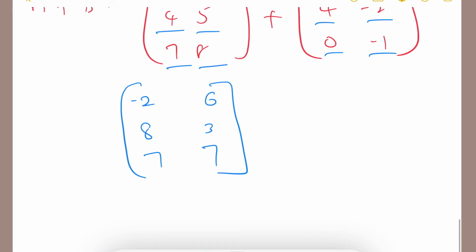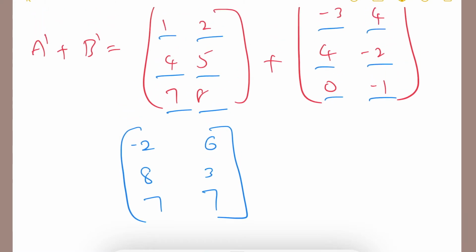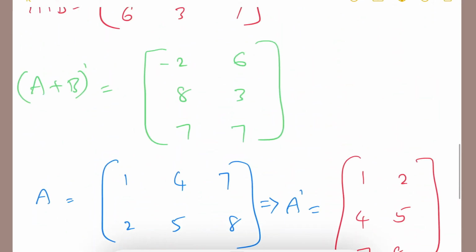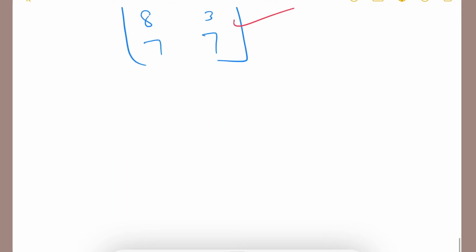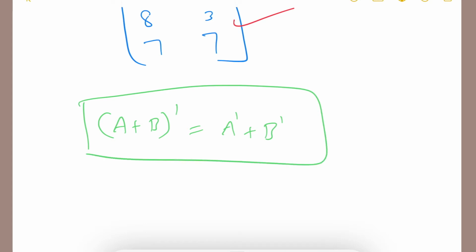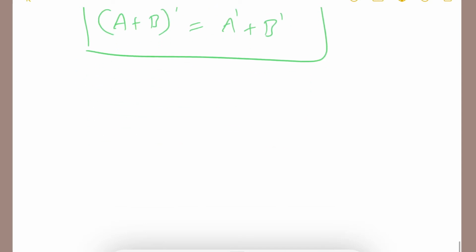So this is the value of A transpose plus B transpose. Now let us check the values of (A plus B) whole transpose and A transpose plus B transpose. (A plus B) whole transpose we got as [-2 6; 8 3; 7 7], and A transpose plus B transpose is also [-2 6; 8 3; 7 7]. So from this we can conclude (A plus B) whole transpose is equal to A transpose plus B transpose.